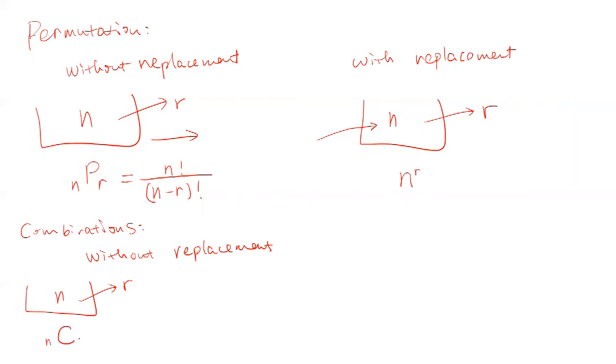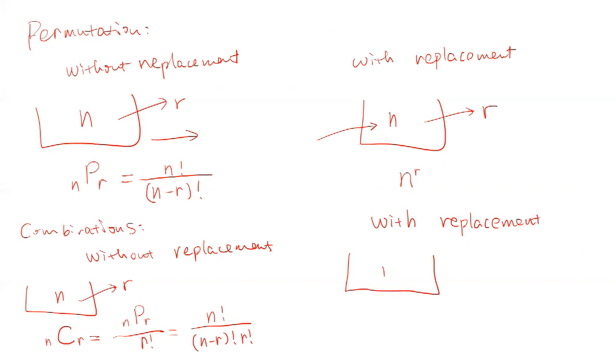So the result is C(n,r), which is P(n,r) divided by r factorial, which is n factorial divided by r factorial times n minus r factorial. And the second problem is, if we do this task with replacement, what should the result be? Which means we pick r elements from the n element box.